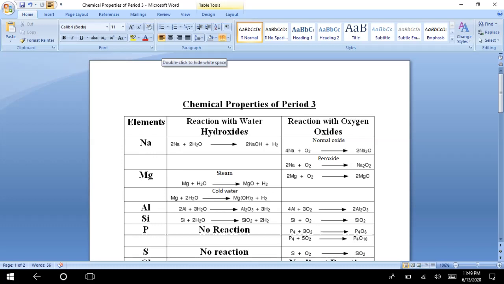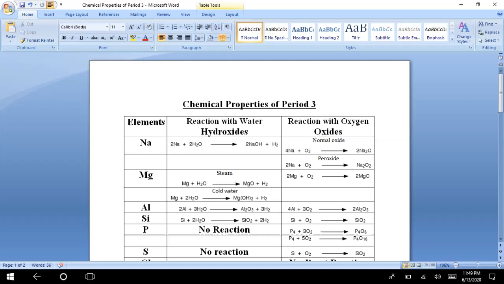After sodium, when we move towards magnesium, magnesium has a very slight reaction with cold water, but it does react with cold water. When it reacts with cold water, it forms a hydroxide, magnesium hydroxide. And this magnesium hydroxide, when formed, acts as a protective layer to stop further reaction of the metal.